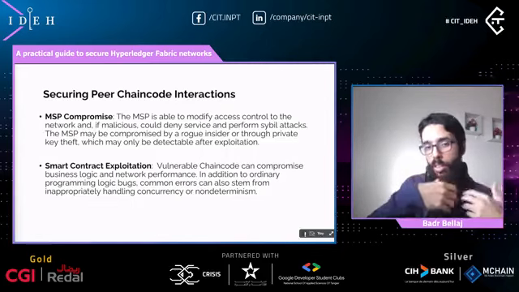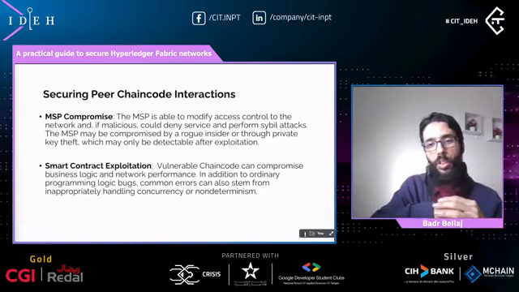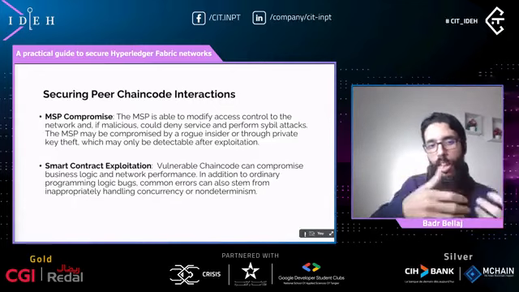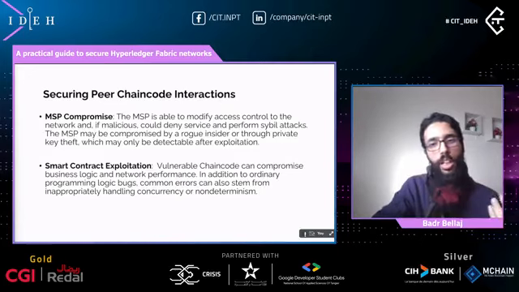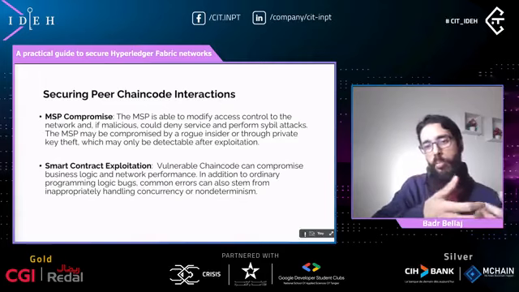Also, we can rely on MSP logs to have an idea about certificate creation, revocation, etc., and about what is happening within the network. Another issue is vulnerable smart contracts or chaincode, which can compromise the business logic and the network performance.